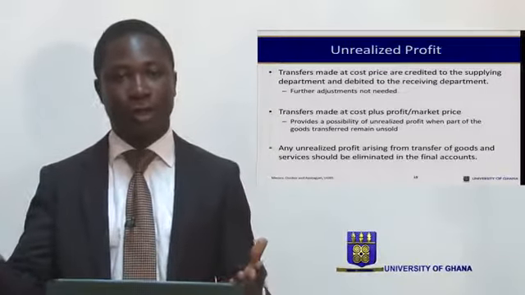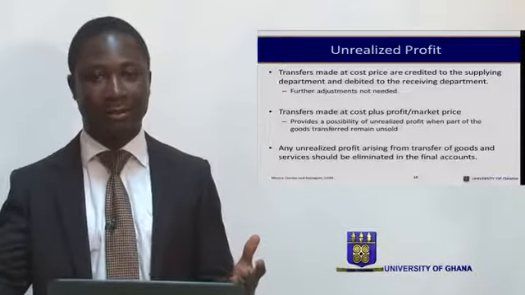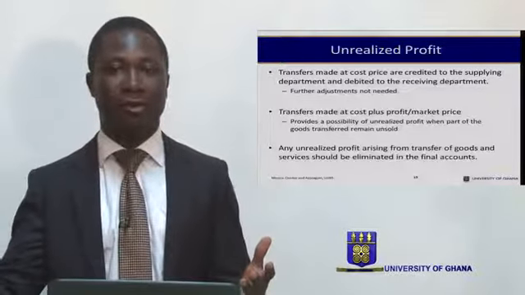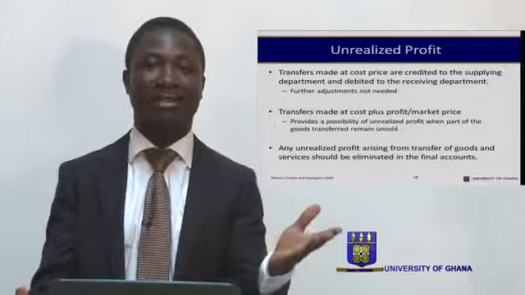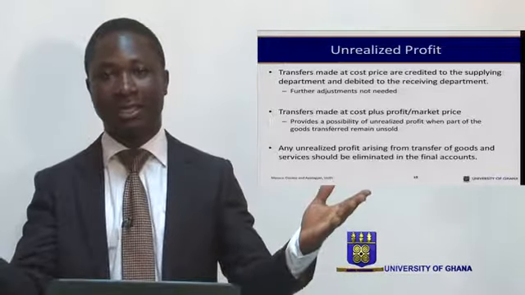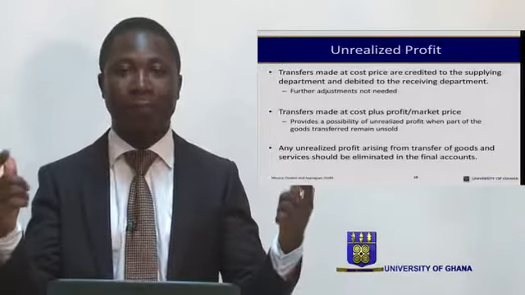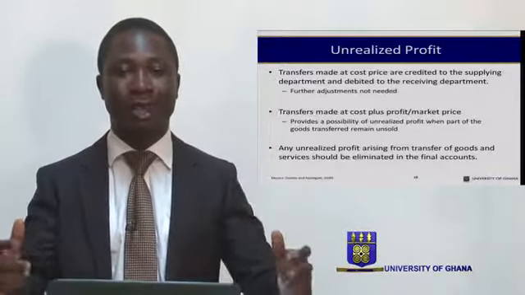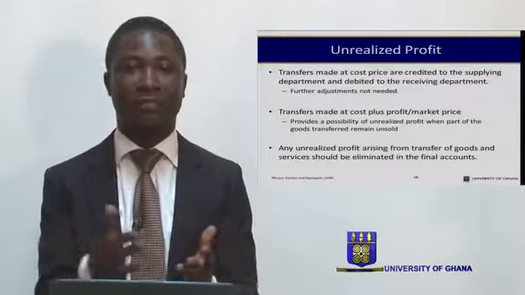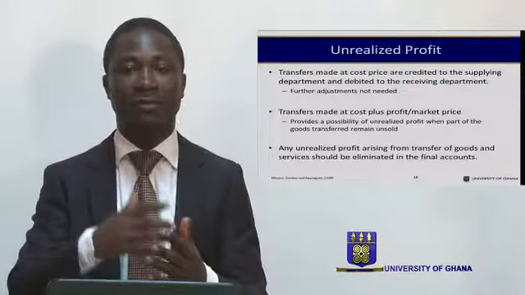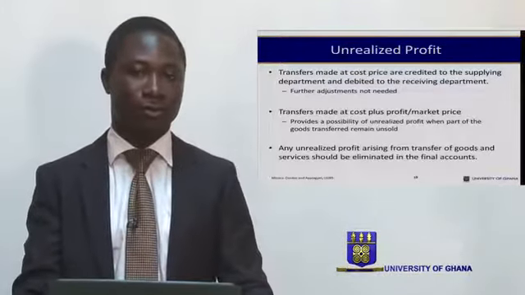If you sell what you have in your right hand to the left hand and claim that you have a profit, the profit is notional, but that profit can only be realized when the goods that you transferred have been transferred to a third party.